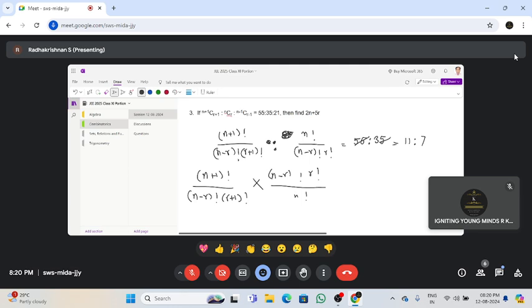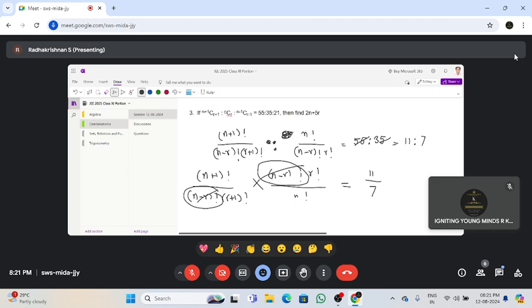Now can you do any simplification? What can be simplified here? You can simply see, right? n minus r factorial here, n minus r factorial here. So these can be cancelled, right?